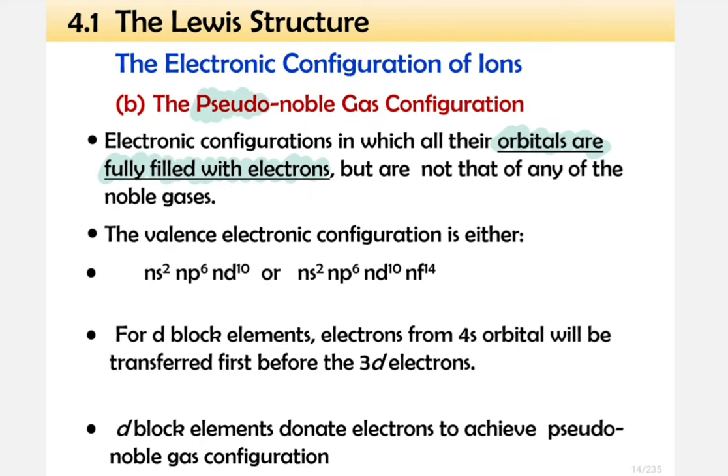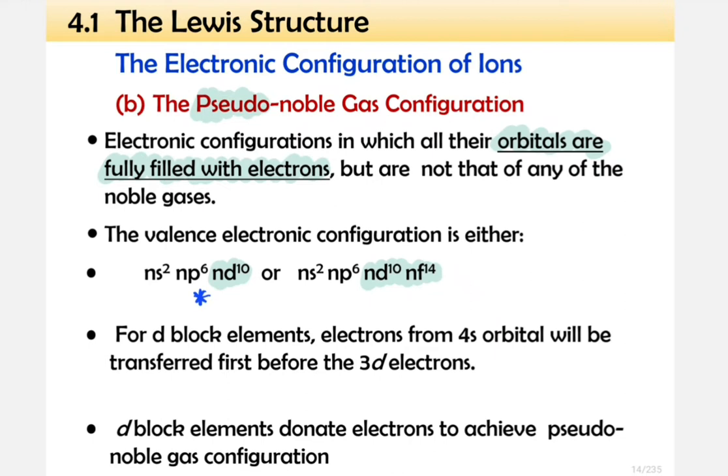Penuh dengan elektron, semua orbital penuh tapi tidak sama macam noble gas because it involves d orbital or d and f orbital. Biasanya kita fokus more on this sebab saya selalu mention yang kita biasanya encounter elemen sampai d orbital.